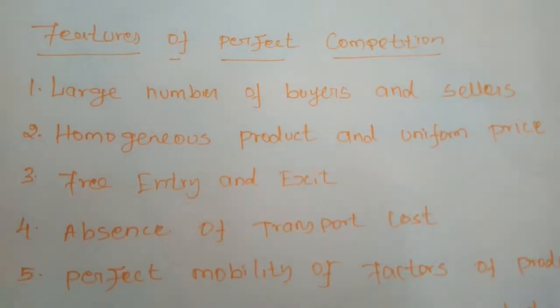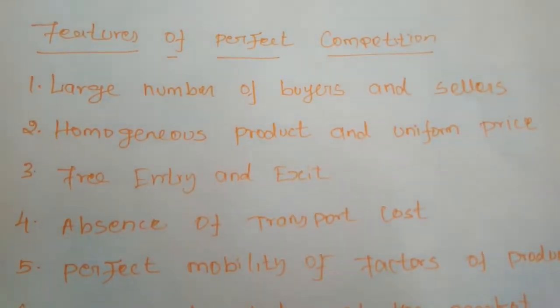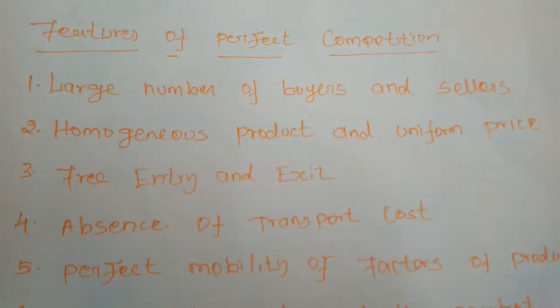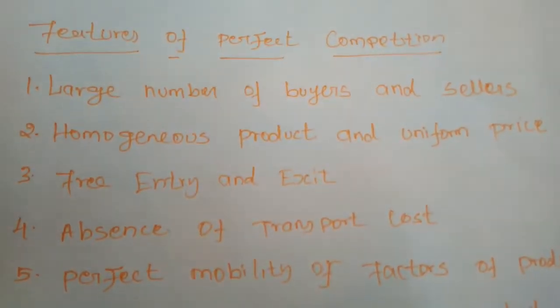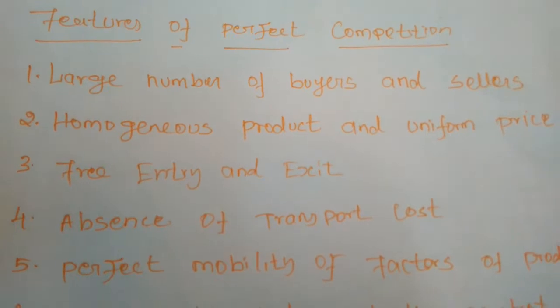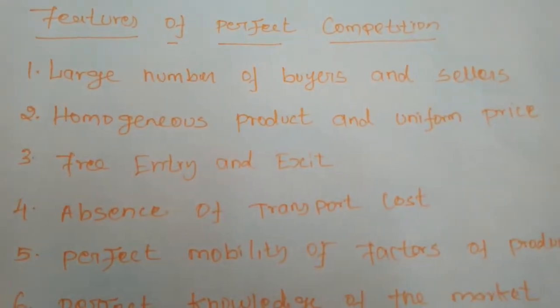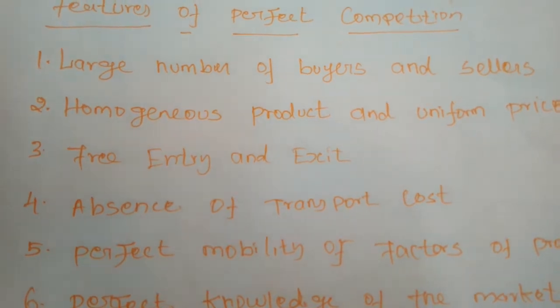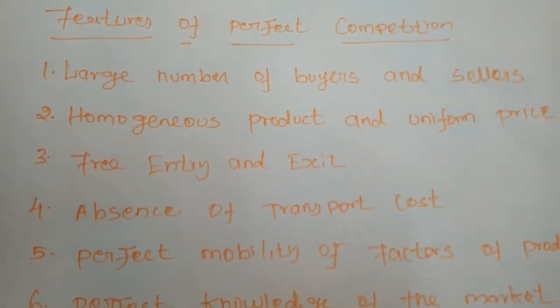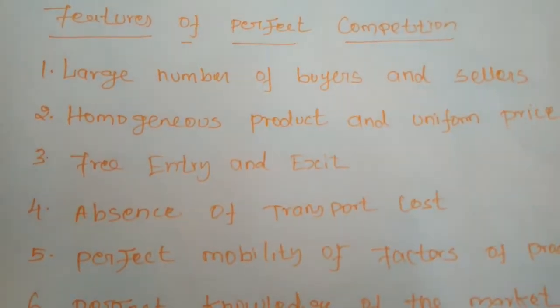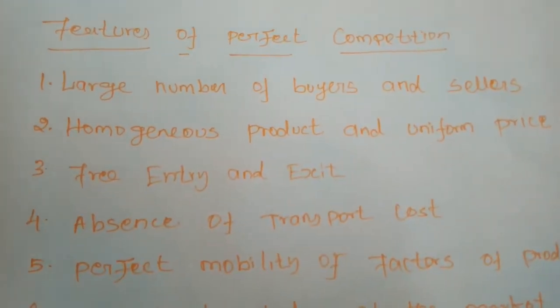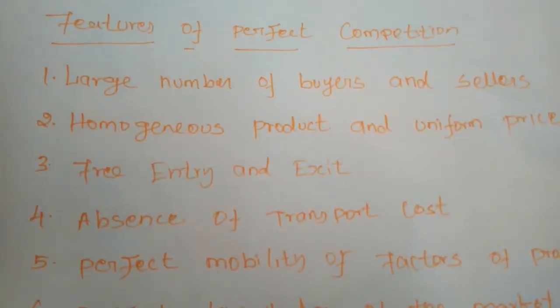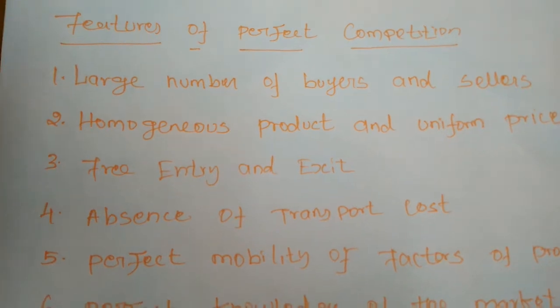Normally the price is fixed on the basis of demand and supply only. So in the perfect competition market, both the buyers and the sellers are price takers. Price taker means that on the basis of demand and supply, the buyers and sellers meet at the equilibrium point, and there the price is fixed. That is the meaning of price taker.